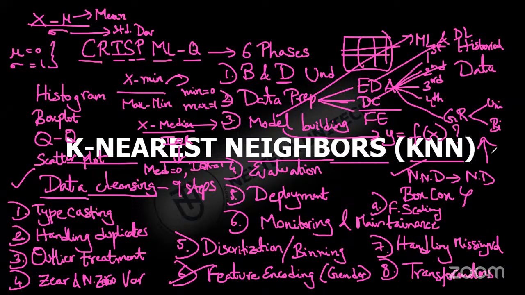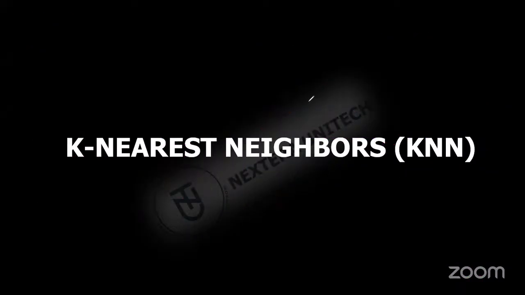Now, let me, as usual, start with explaining the machine learning primer. Because machine learning is broadly classified into 3 types. Can any one of you tell me what are the 3 types that we have under machine learning? Any idea? Machine learning is broadly classified into 3 types. The first one is called unsupervised learning.